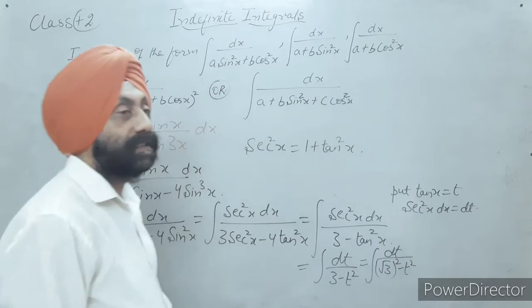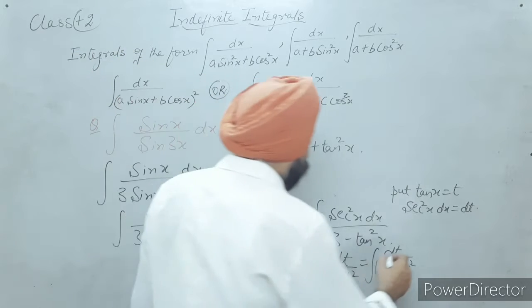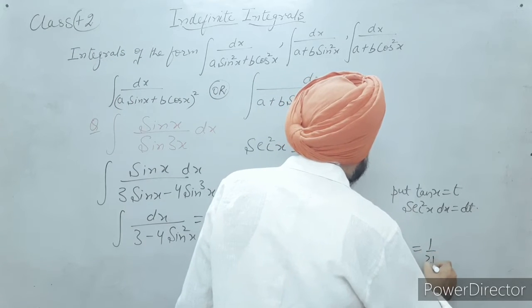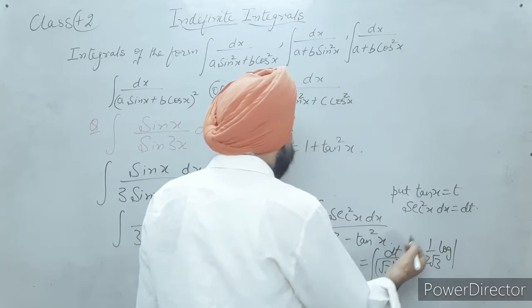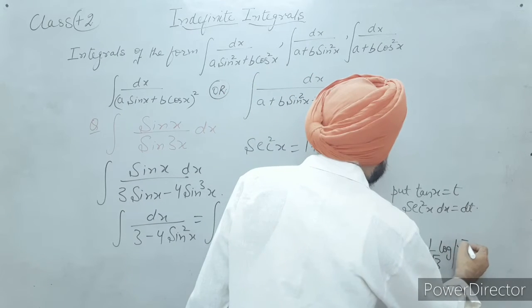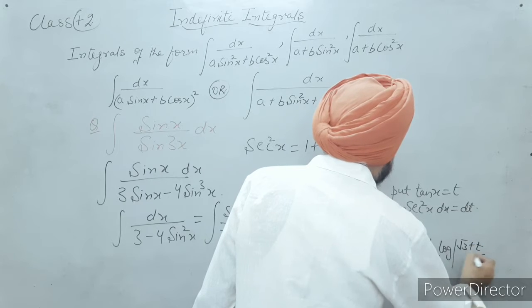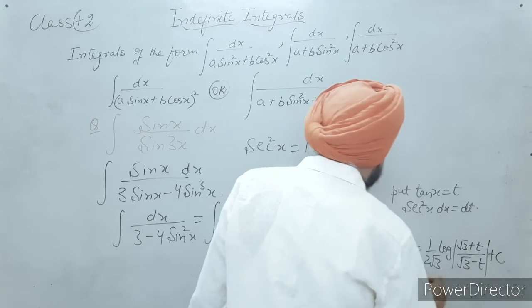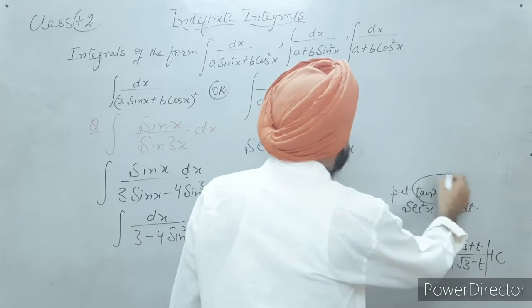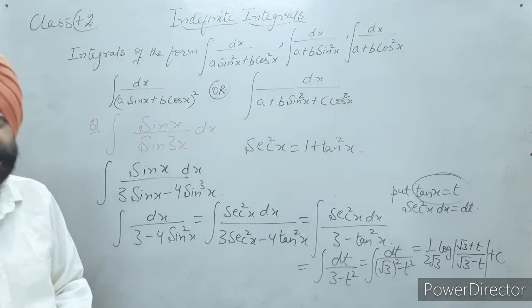For a square minus x square, that is 1 over 2a log of a plus x upon a minus x plus c, where t is equal to tan x.